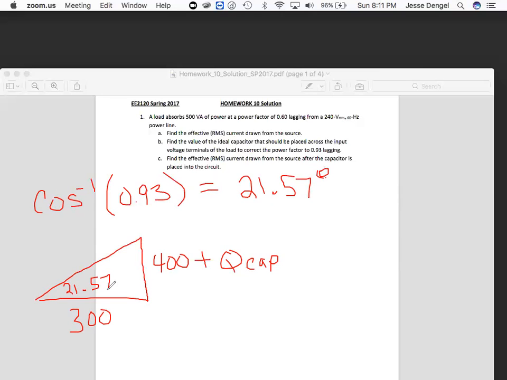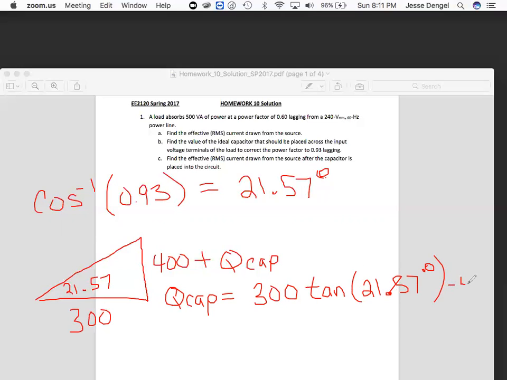So to find the Q cap is equal to 300 tangent 21.57 degrees minus 400. Which is equal to negative 281.43 VAR.